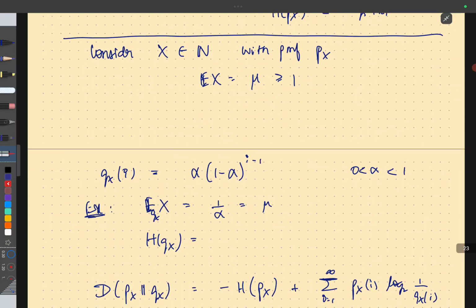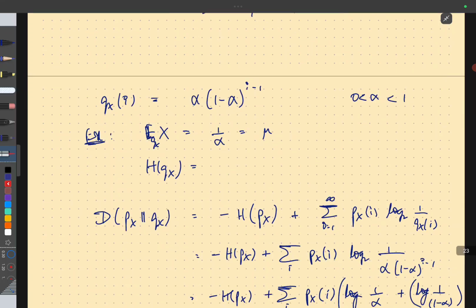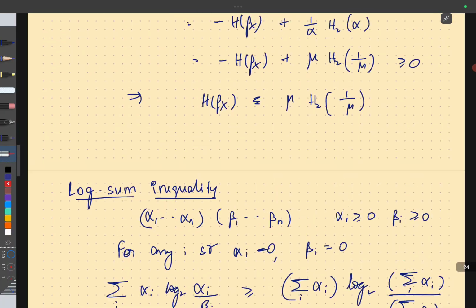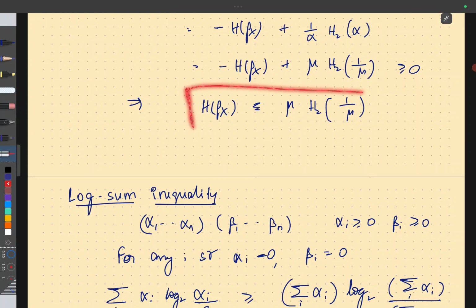So for that we derived another result which said that if x is distributed over the natural numbers and the mean is fixed, equal to mu, then the entropy of the random variable is always upper bounded by mu times the binary entropy of 1 by mu.